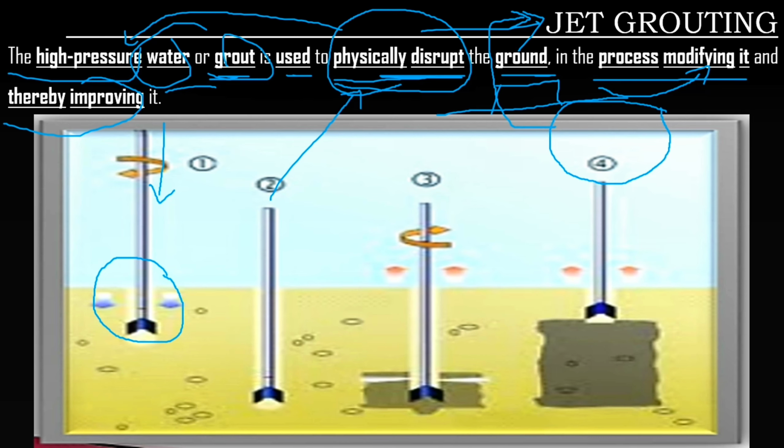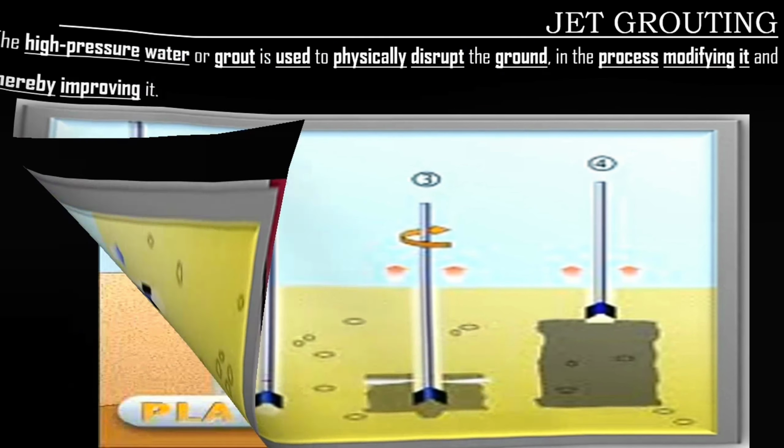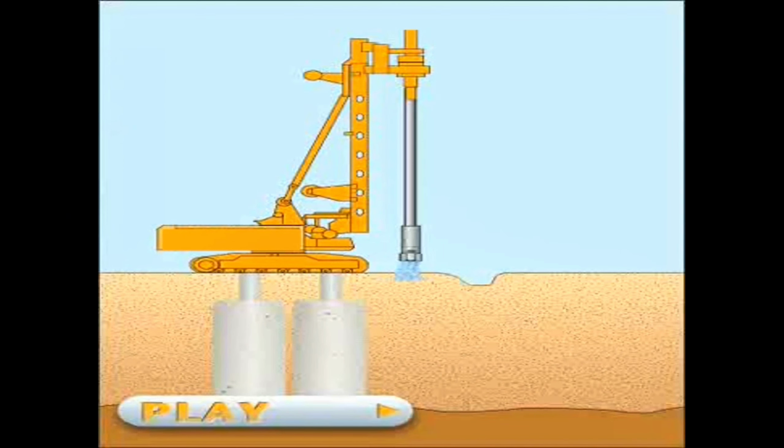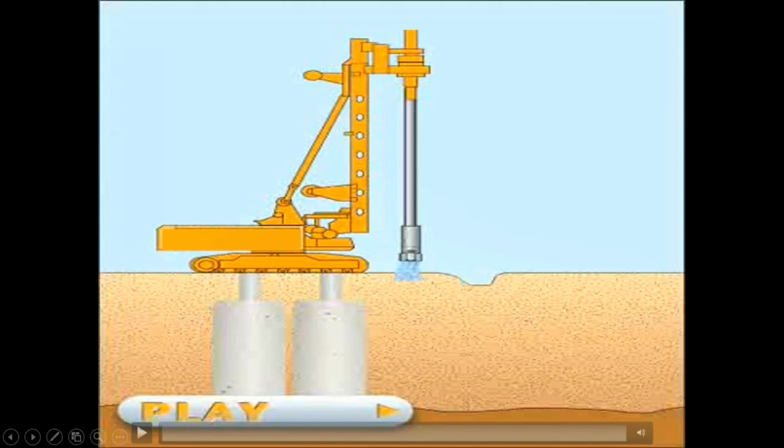After that, the material continues to come out from the pipe and spread around the area, and parallelly I pull up my pipe. If I go with this type of practice, it looks like this. Just give me a second, I will play the video so you have a clear idea about what the actual process is in jet grouting.